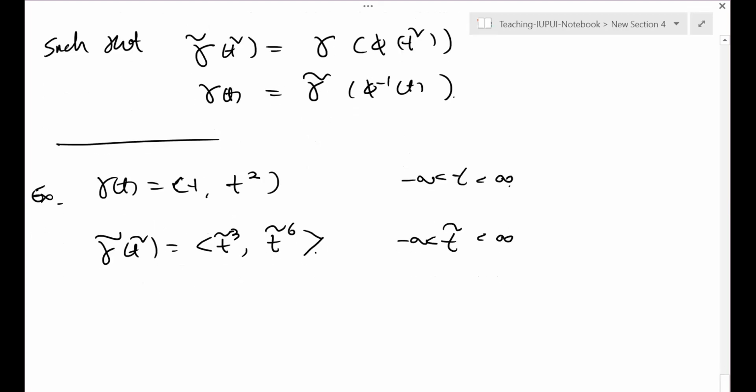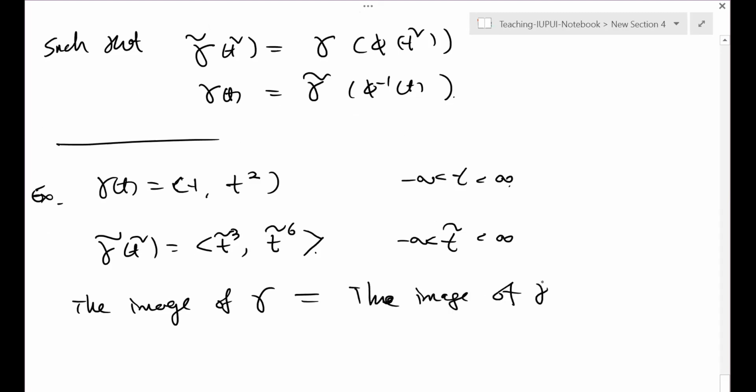Let's find the relation between t and t tilde, because I have the same image. The image of gamma is going to be the image of gamma tilde, which is the parabola.